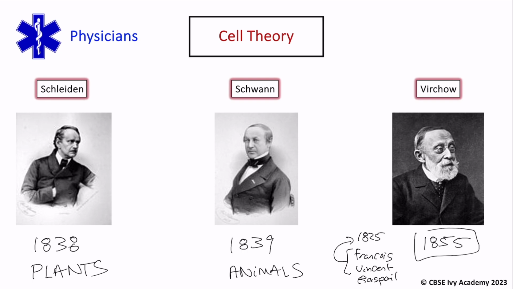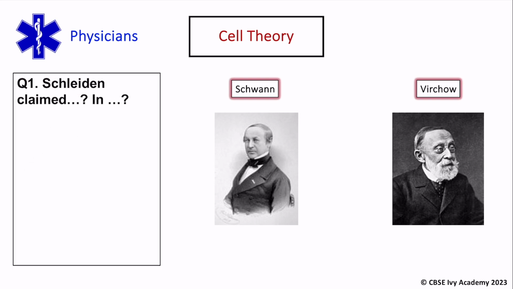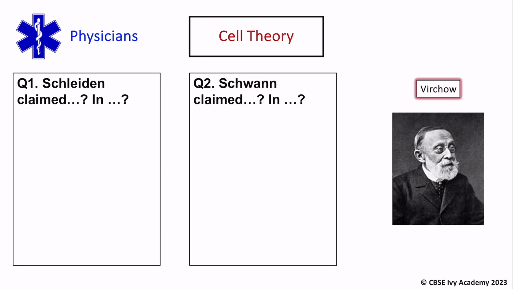All right, so I'll clear the ink and ask you your first three questions. Schleiden claimed what and in what year? He claimed that all plants are made from cells in 1838. Schwann claimed what and in what year?